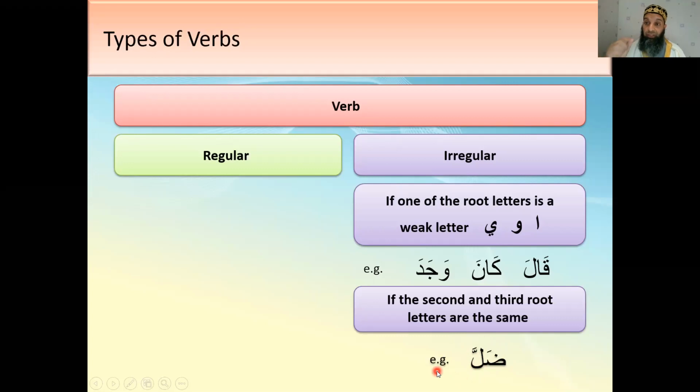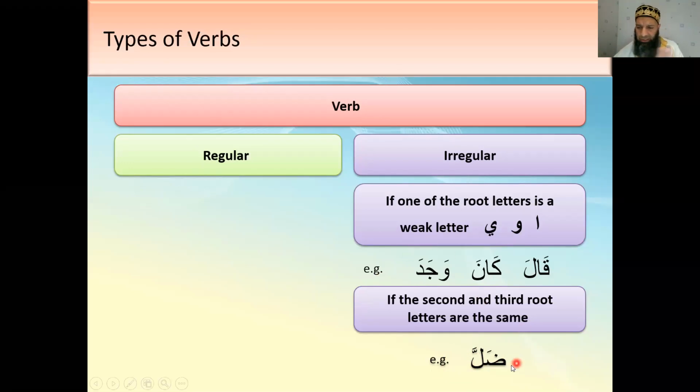When the second and the third root letters are the same, then the verb is also weak. When it becomes weak, you get problems that you have to deal with, right? That's the issue, and I'll explain what the problems are, inshallah. So, dalla, ad-dallin, we say in the Salah. That's a weak verb.